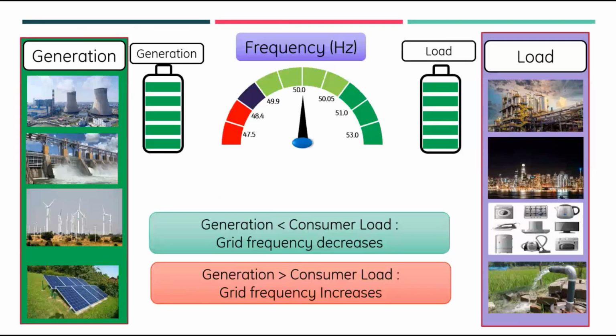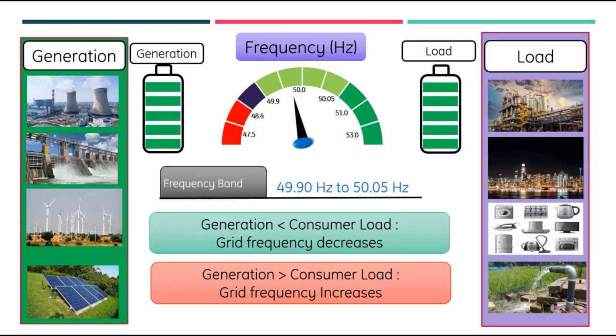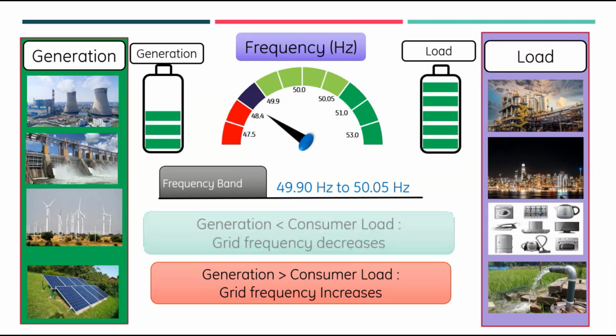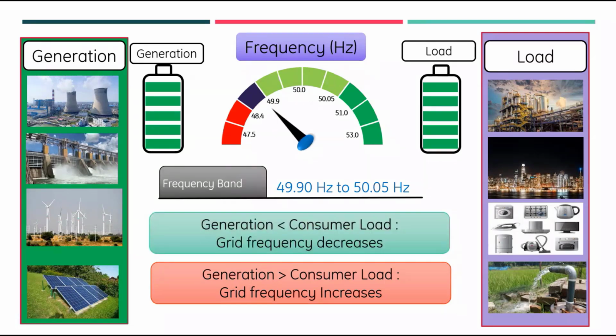Whenever a frequency band is there, we look into the different types of bands and limits that are introduced in the power system and associated grid codes for the overall design of any power system. So whenever the generation is less, we have a drop in the frequency.